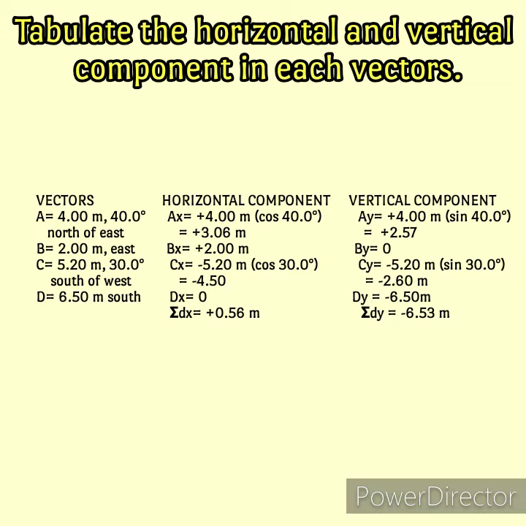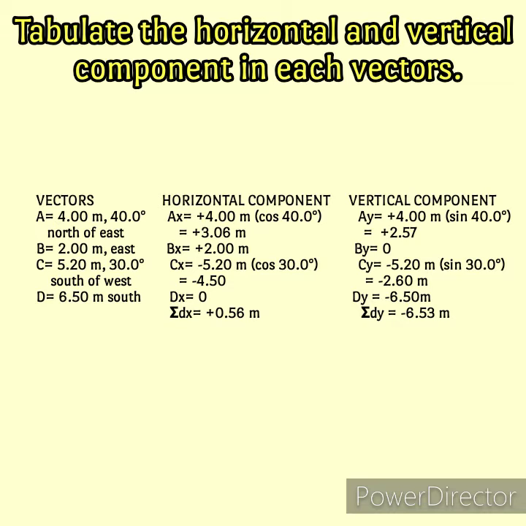Find her resultant displacement from where she started. As you can see here, there's a table having 3 columns. The first column is allotted for the given, which are the vectors A, B, C, and D. You're just going to copy the given on the first column of the table.